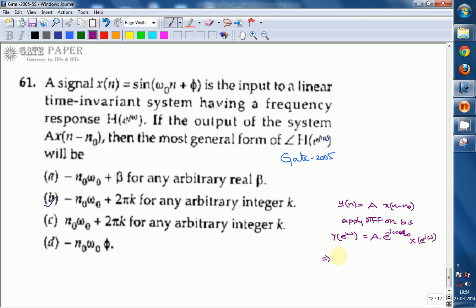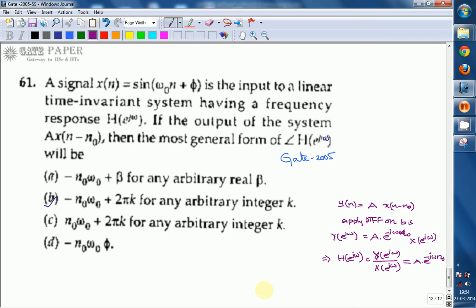So the transfer function H of e power j omega equals Y of e power j omega divided by X of e power j omega, that is equal to A into e power minus j omega n naught.